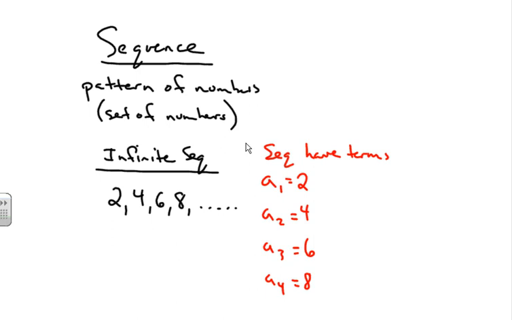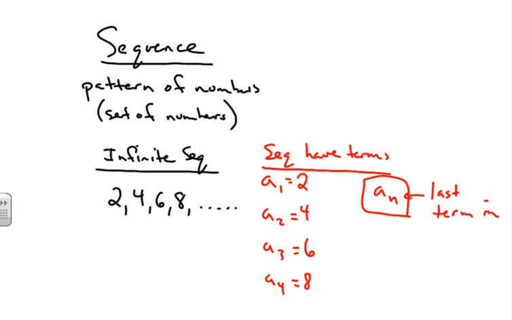Now, with a sequence, many times we want to find out what is the nth term. The nth term is the last term in a sequence. In order to find this last term, we're actually looking for a term that has a variable in it.